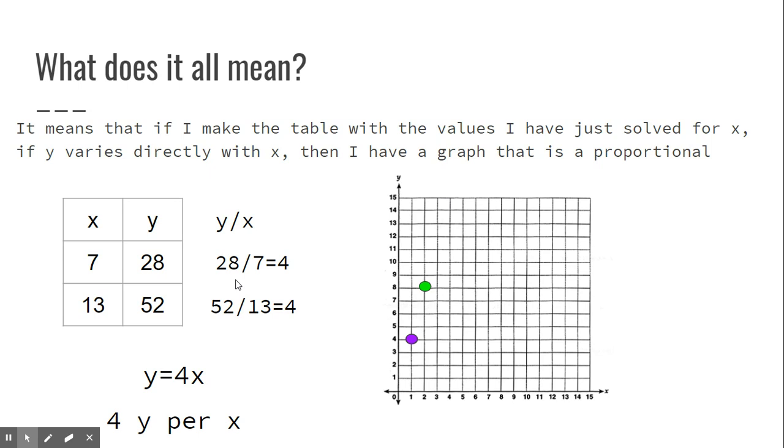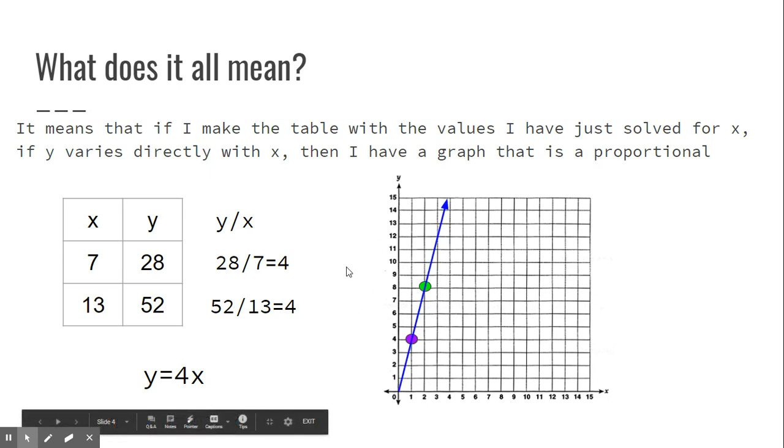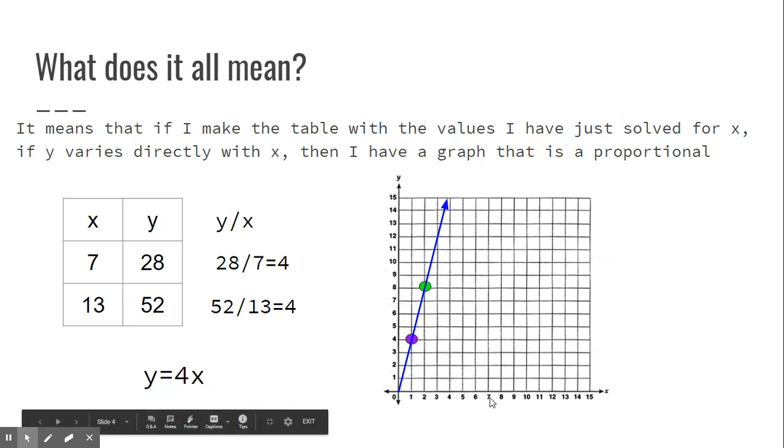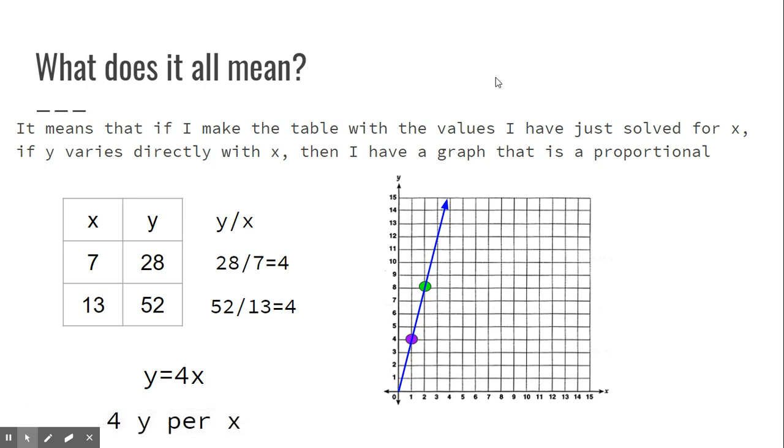table. So when I draw this line, this graph is the same thing as this table. It actually includes the points. This means that if my line continues and goes on forever, by the time I get to 7, I'm going to end up all the way up here at 28.